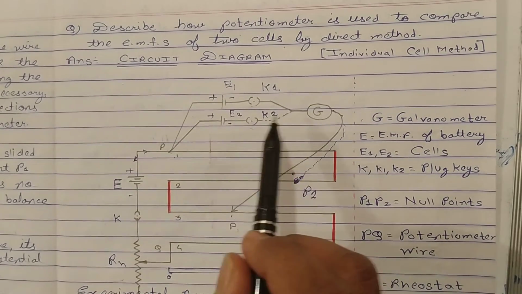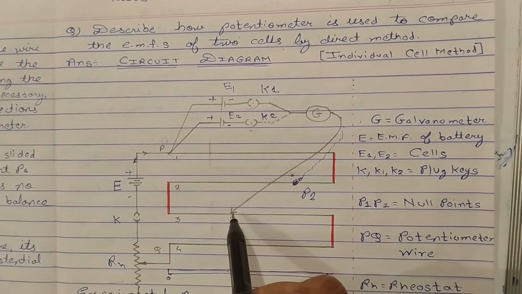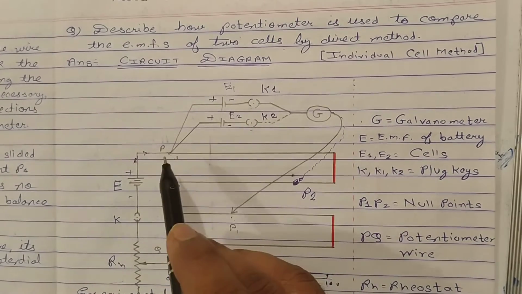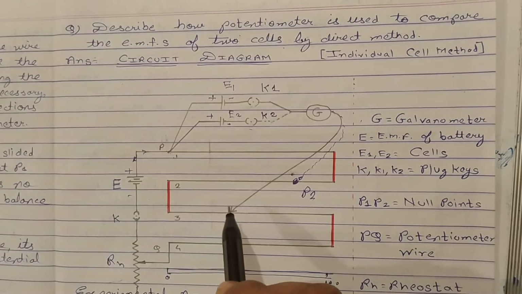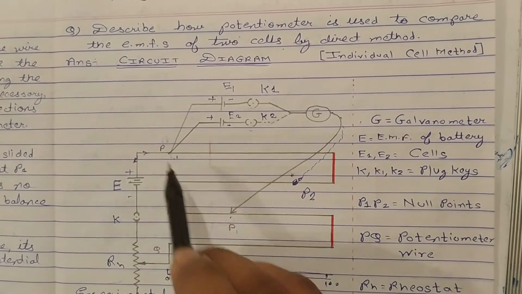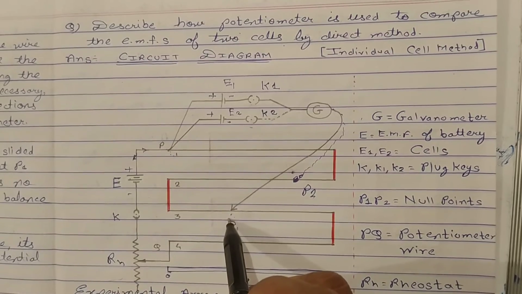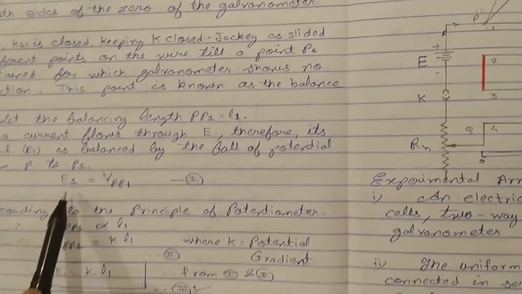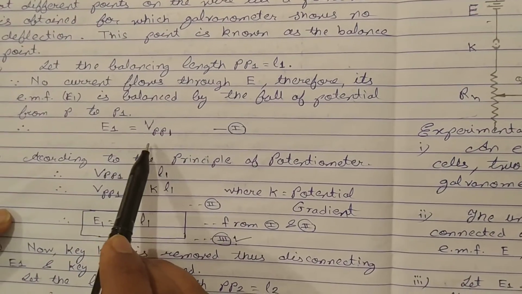Students, since potentiometer is balanced, we get the balance condition, then EMF E1 is nothing but voltage between P and P1. So students, I am going to write mathematically. You can see over here. E1 is voltage between P and P1.